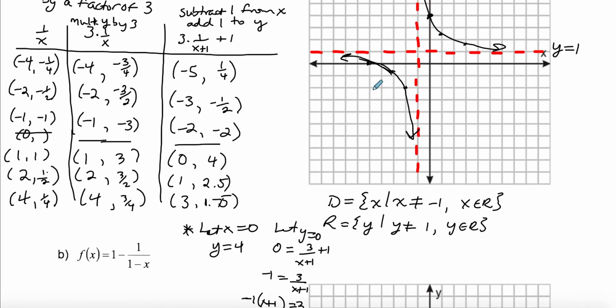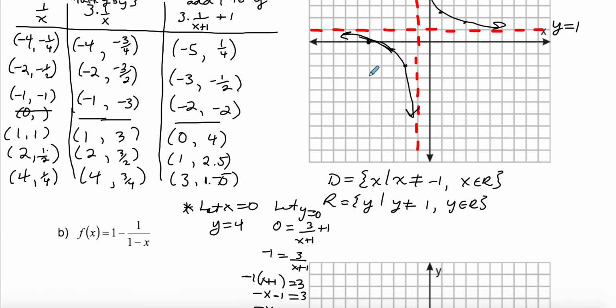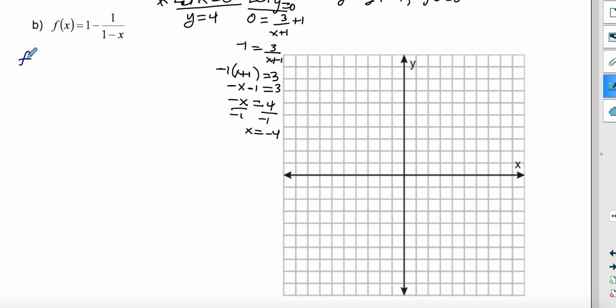Which is what I think I was supposed to show up here, that my x-intercept is at -4. That is for any graph. You can always check to see what the x and y-intercepts are, if there are any, by letting x = 0, you find the y-intercept, and in your equation you let y = 0, you can find the x-intercept.